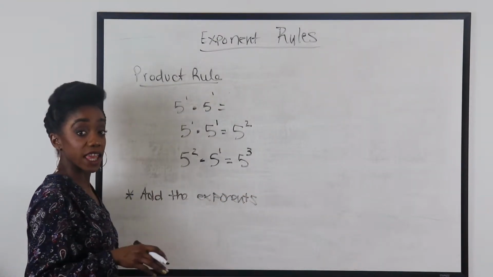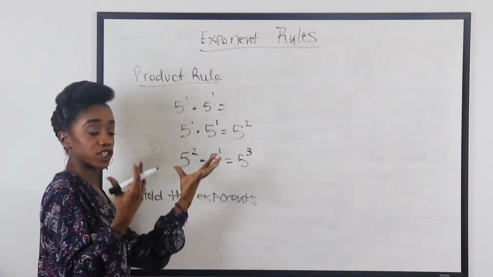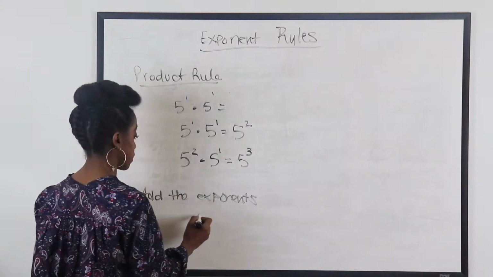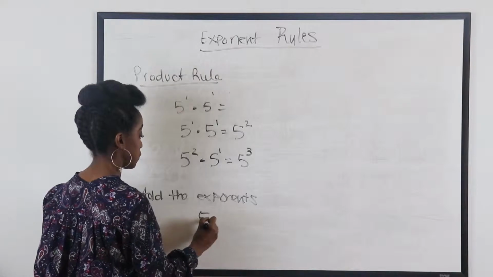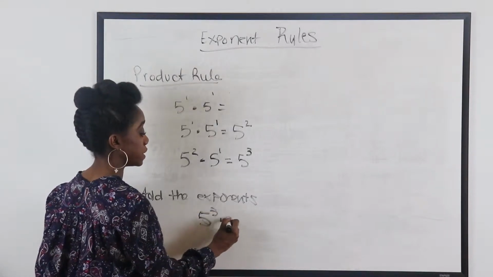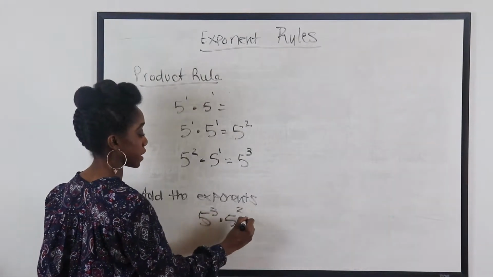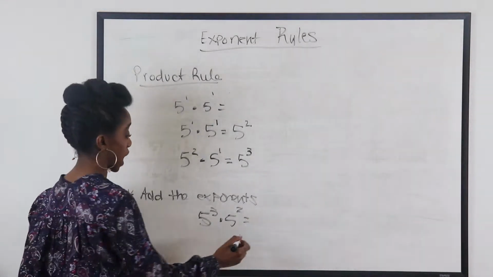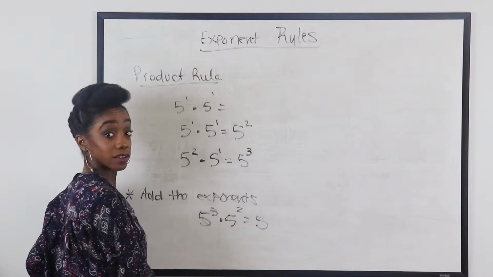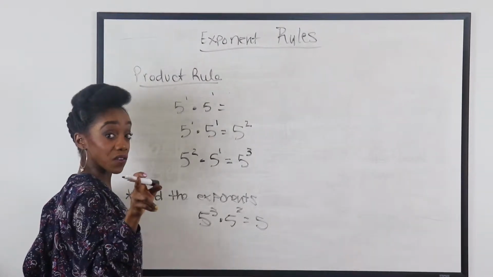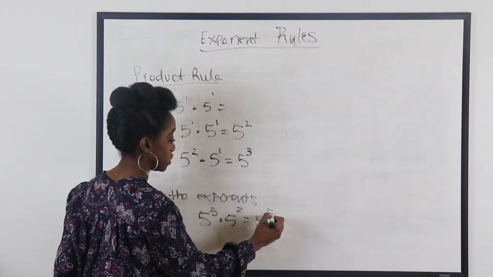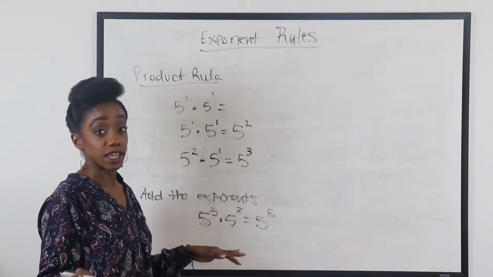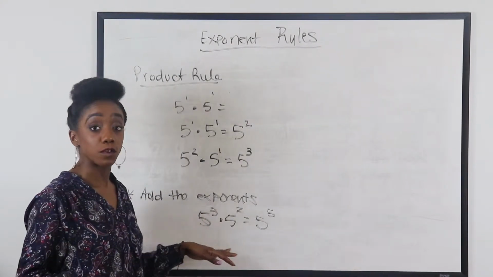Alright, so if that's the case, let's go through a more tricky example. Something like 5 to the third times 5 to the second. If we're following this rule, we must add to get 5 to the 5th power. Exactly. Great. So, if you guys are understanding that, now let's throw in a little bit of variables.